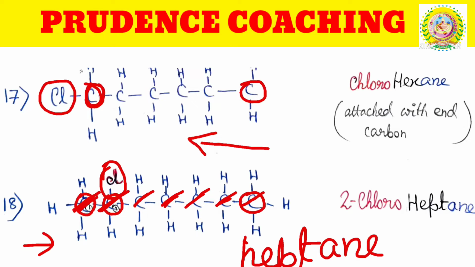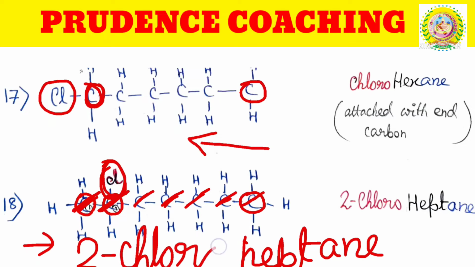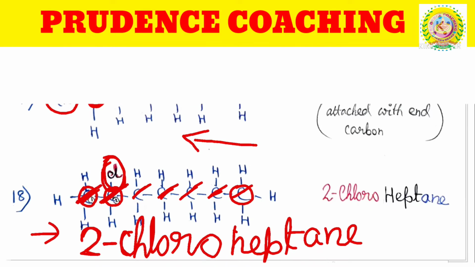So here you need to consider 1, 2, this one. So you will write here 2 first, give a dash or hyphen, write the halogen, that is chloro, and heptane as it is. Always remember in between the number and name a hyphen will be there.